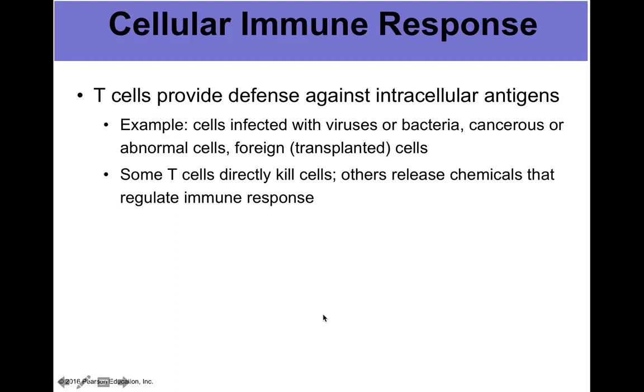Moving on to the second category of adaptive immunity, we have the cellular immune response, or cell-mediated. Again, the key word is when we talk about cellular immunity, we're talking about T cells. One of the main goals they have is to attack cells of your own body that have been infected by either viruses or bacteria, or even cells that are considered cancerous or abnormal.